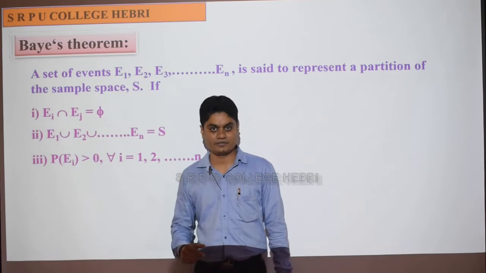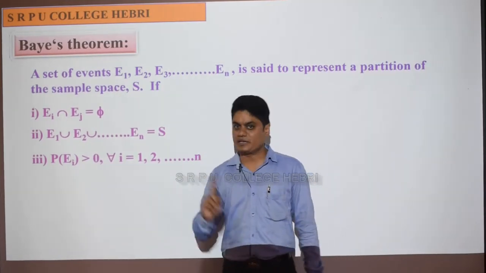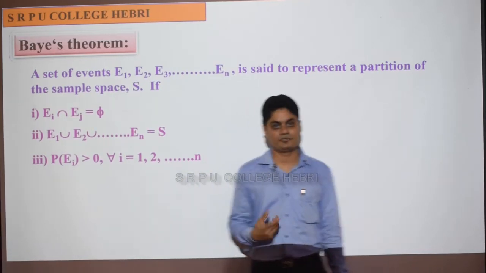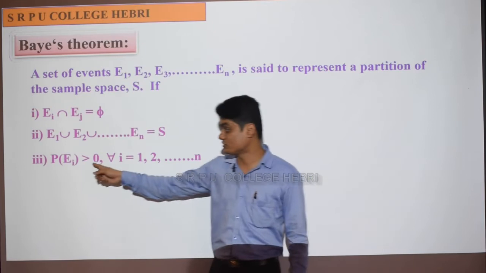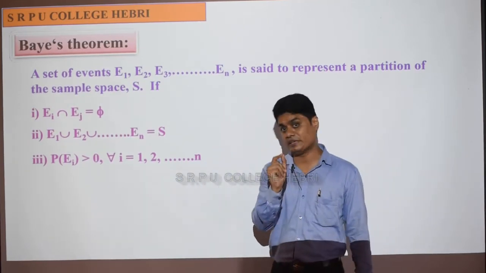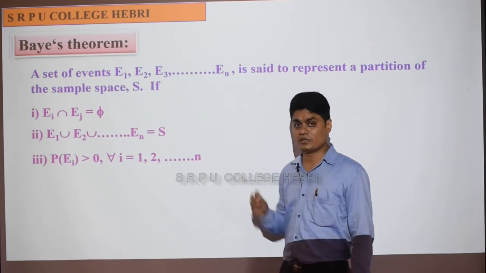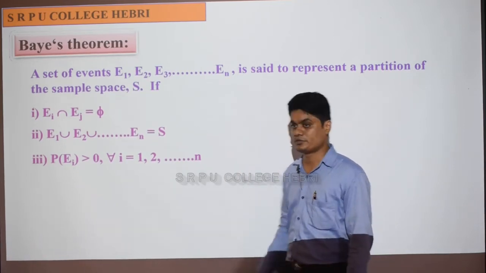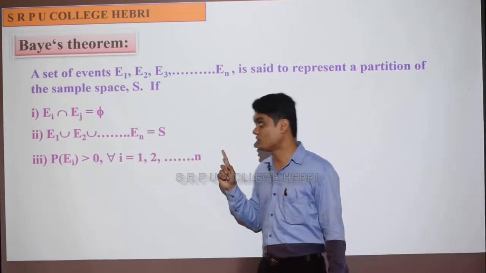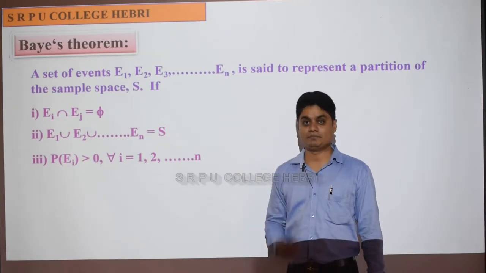The second condition is satisfied. And the set of all odd integers or even integers must have a minimum of one element, otherwise it's meaningless. So like that, the probability of each event must be strictly greater than 0, not equal to 0. At least one outcome should be favorable to that event, for all these events. Then we call these events a partition of the sample space.